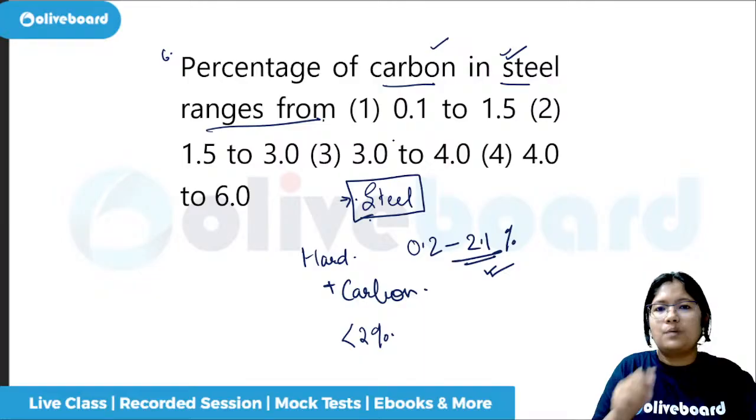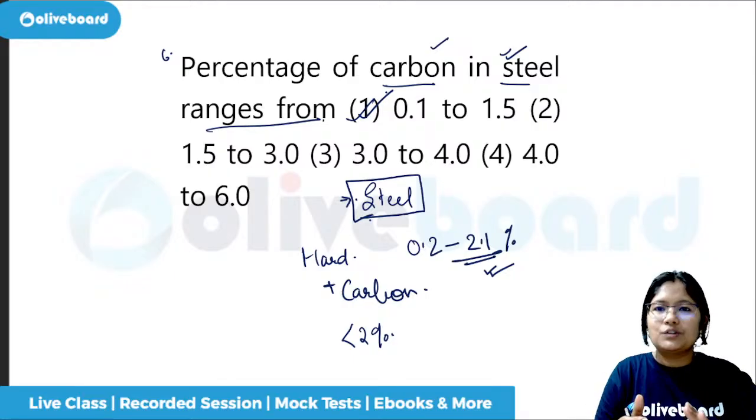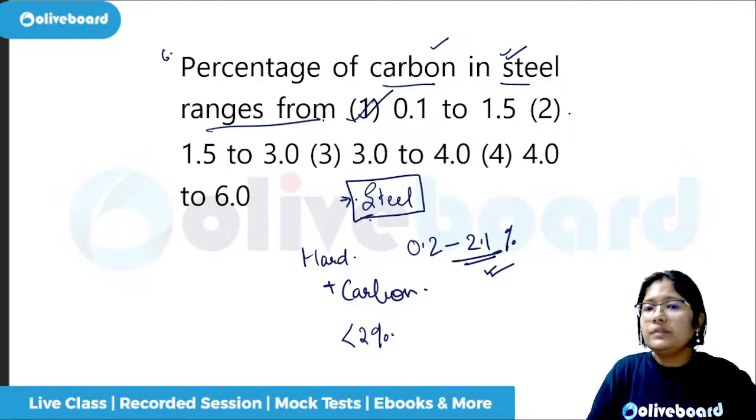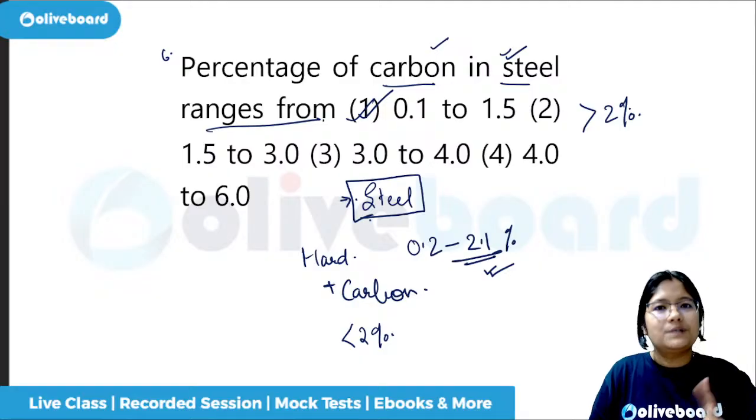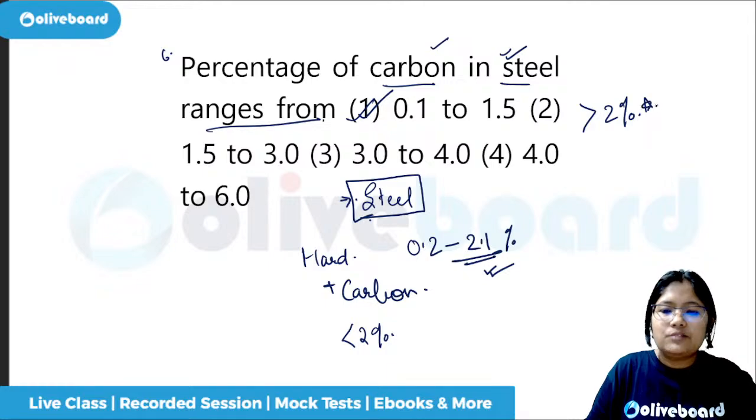So the best possible option which we see here is option number 1. But here actually 2 is also correct. But why we are not selecting 2 is that if more than 2% of carbon is mixed in the steel, it will become cast iron.